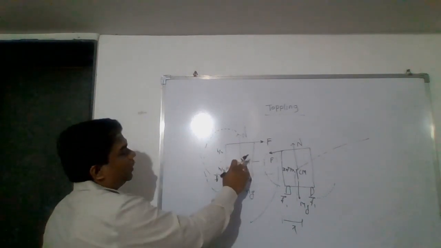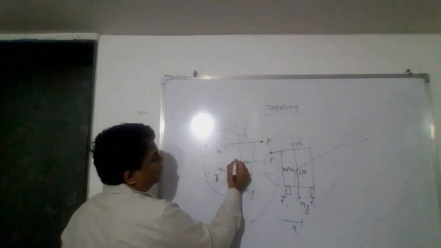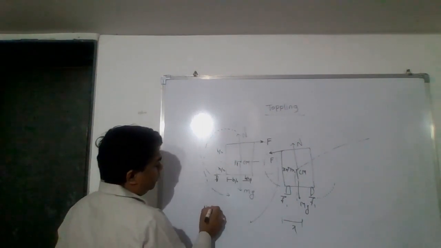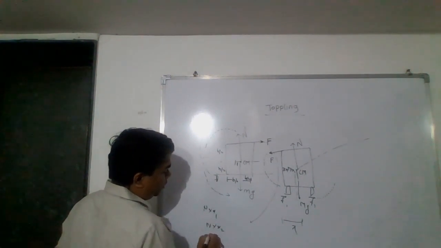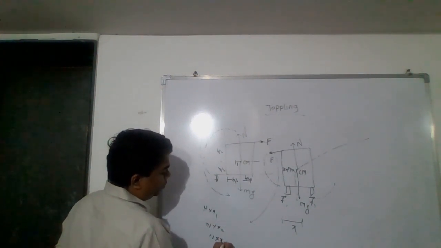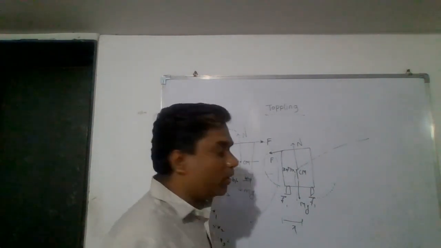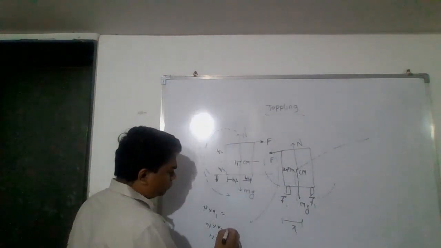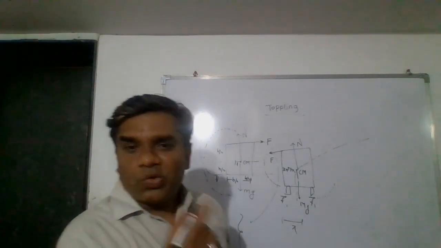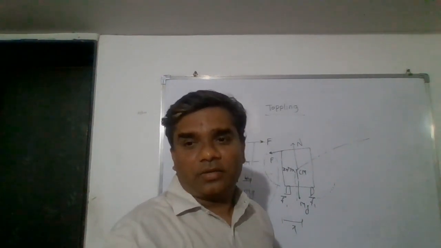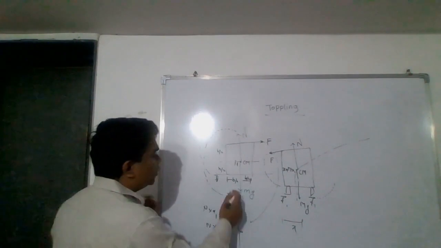So for that, it has to shift by some distance, suppose x: N into x1, N into x2, N into x3, like this. Likewise, total, suppose this is b by 2.